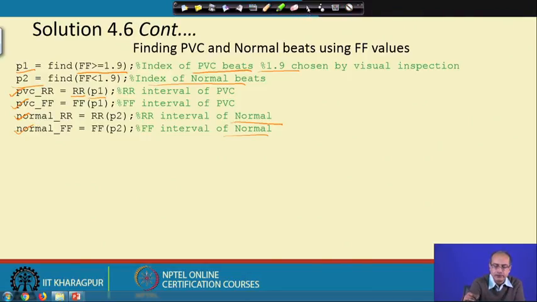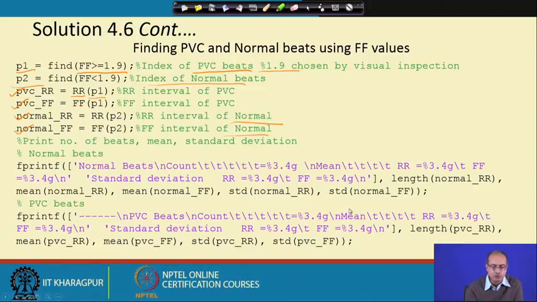This way, we get the two sequences separated, and that helps us do the next few things. We can compute the mean of the normal RR, mean of the normal FF, standard deviation of the normal RR, and standard deviation of the normal FF.